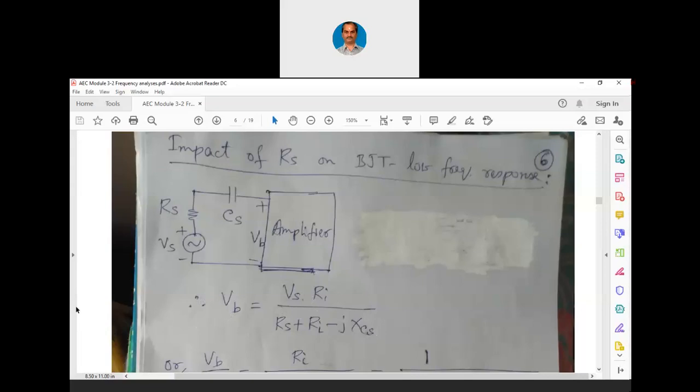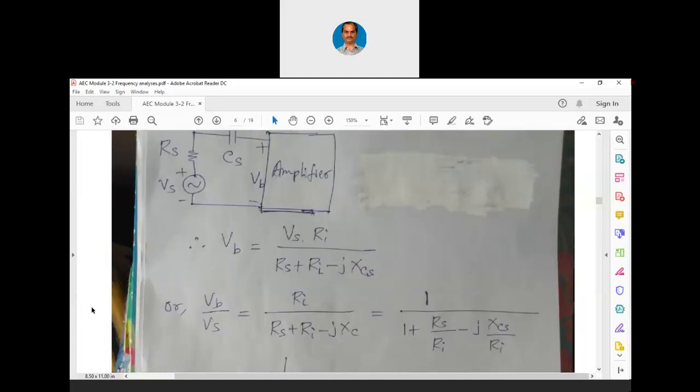We are actually finding out the input signal at the base. So using this expression, we can write VB by Vs is Ri by Rs plus Ri minus JXCS. Now we can write this expression in this manner also by bringing Ri to the denominator. We can write it as 1 by 1 plus Rs by Ri minus JXCS by Ri.